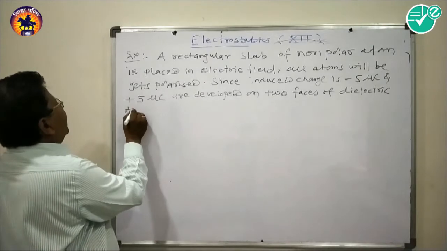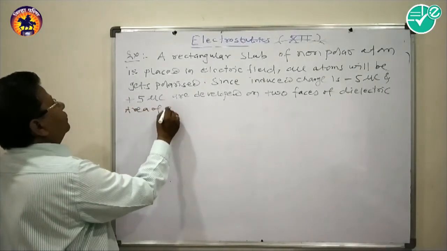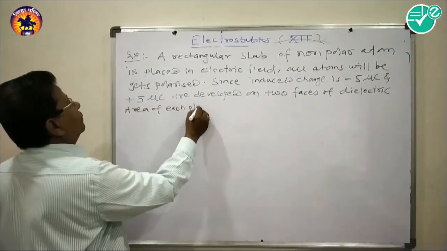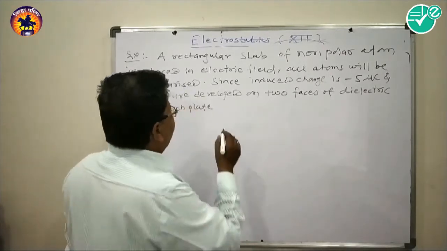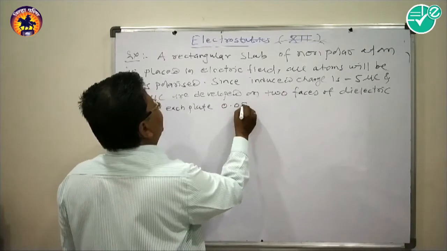Area of each plate is 0.08 meters square.